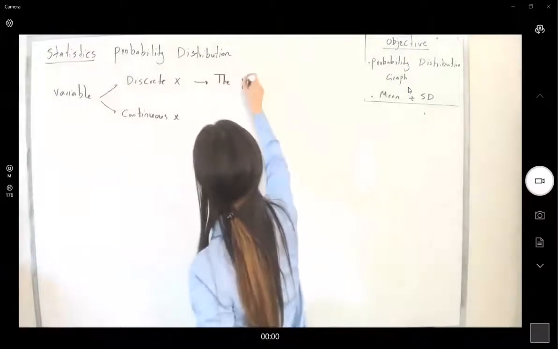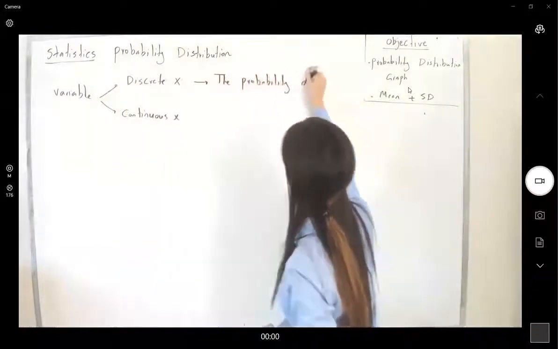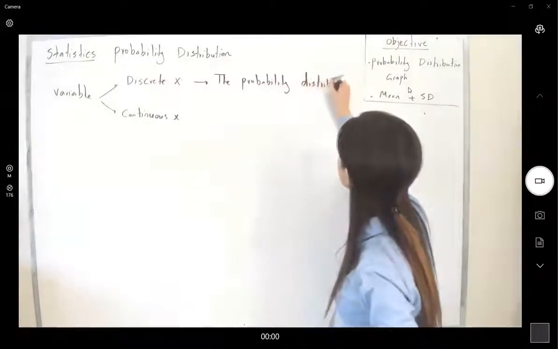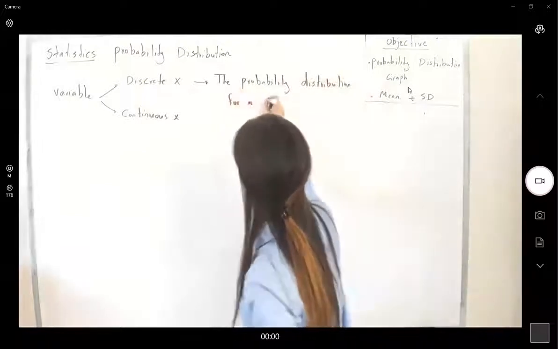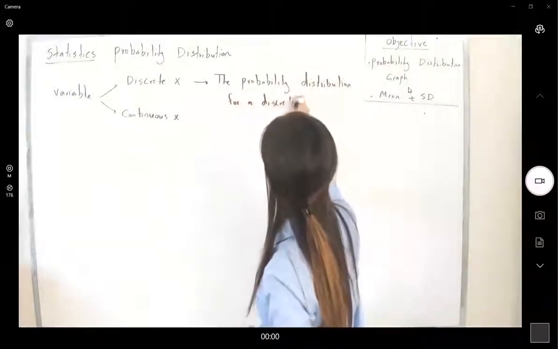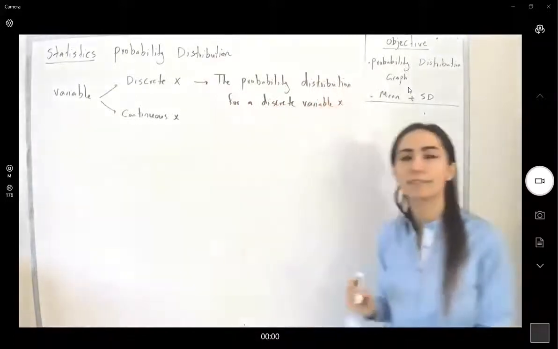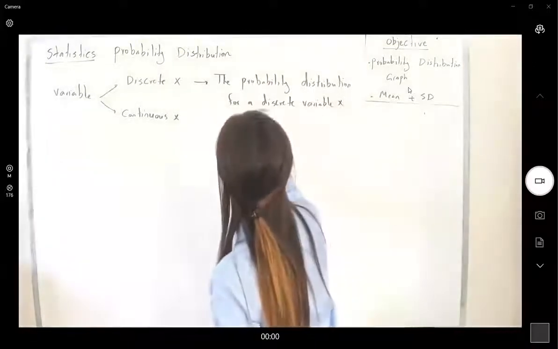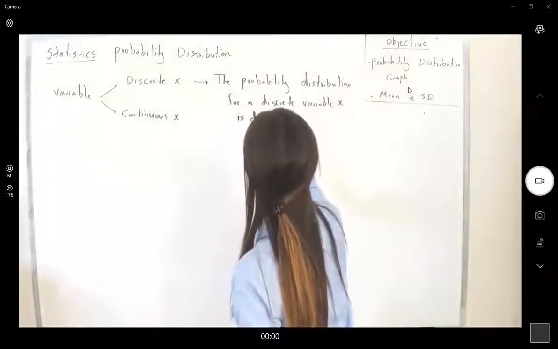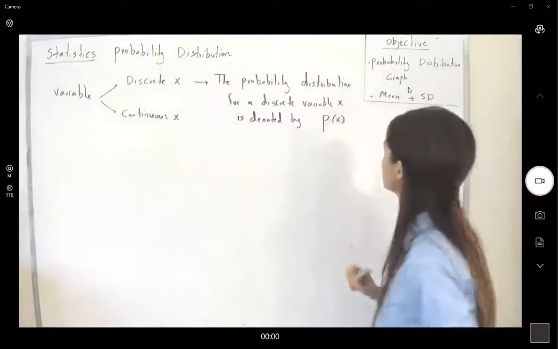The probability distribution for a discrete variable like x is denoted by p of x.